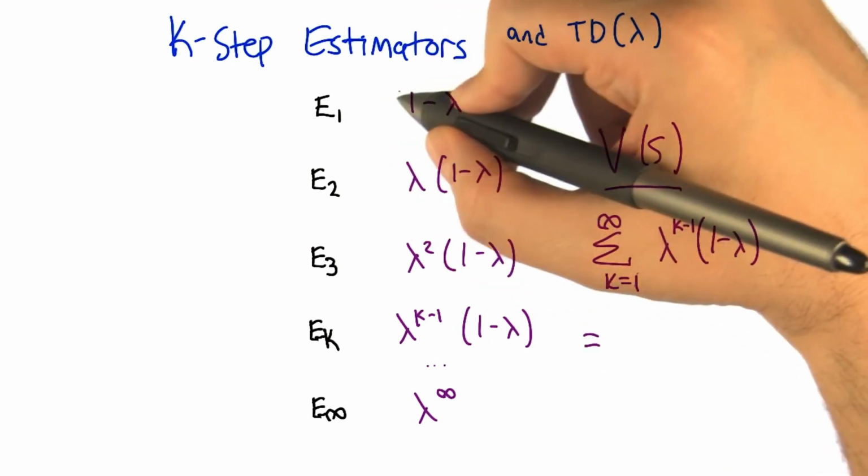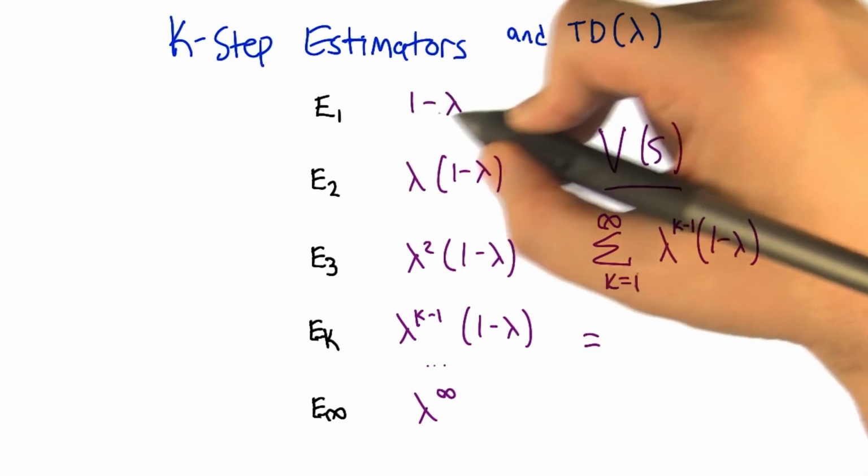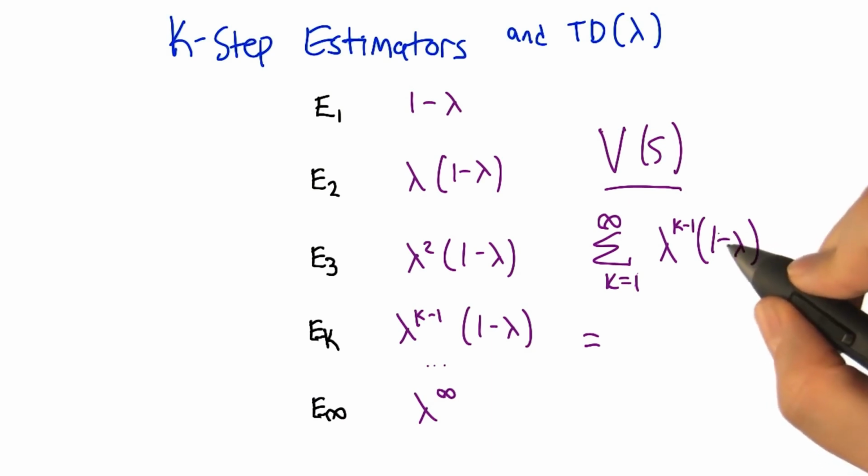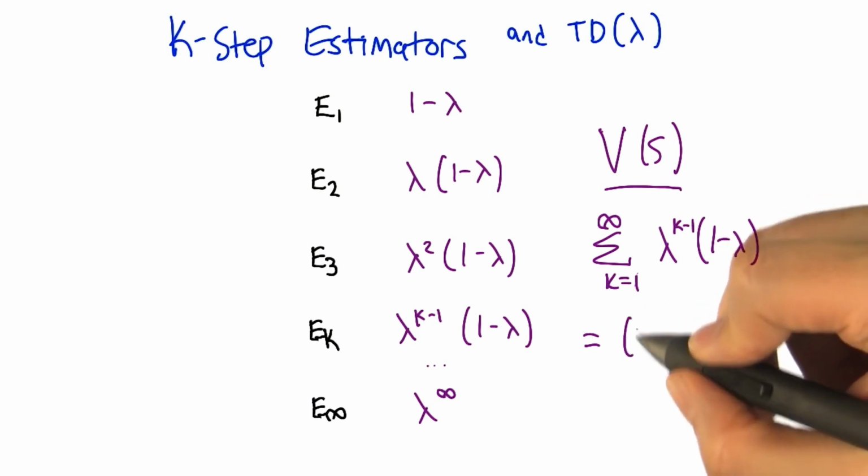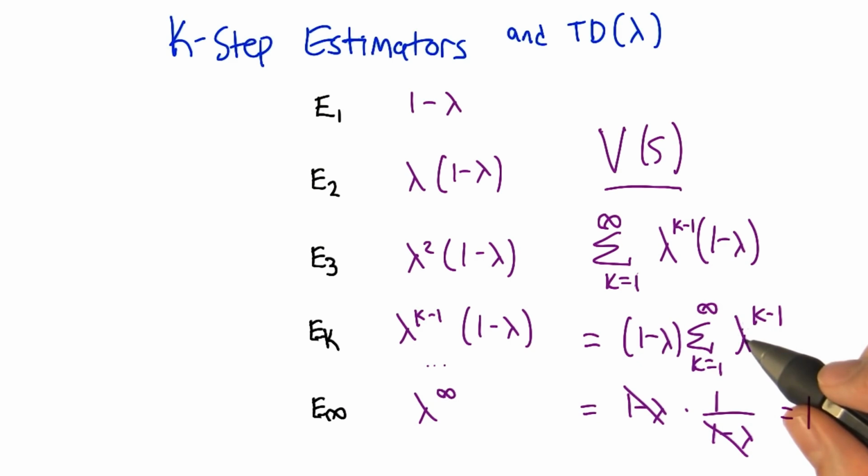For k equals 1, it's lambda to the 0, which is 1 times 1 minus lambda. So we can now factor out the 1 minus lambda. As long as lambda is less than 1, we can use this as the geometric series, and we get 1 over 1 minus lambda, and that's going to cancel with this 1 minus lambda, and so the weights sum up to 1. If lambda equals 1, though, what happens then?